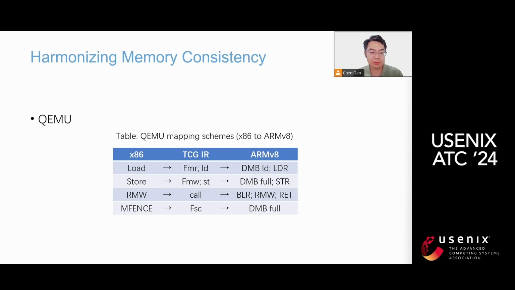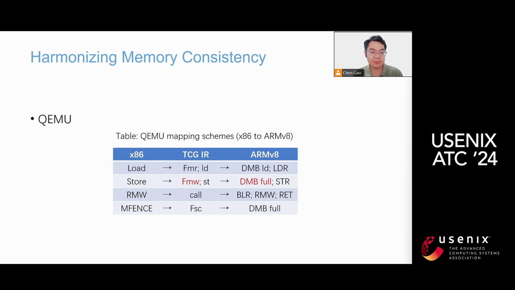During the translation process from guest to TCG IR, a fence is inserted before each memory access to order any predecessors. In the translation process from TCG IR to host, the TCG IR fence is translated into a sufficiently strong host fence to ensure both host and guest have the same memory ordering.